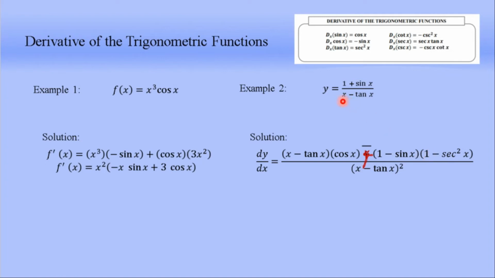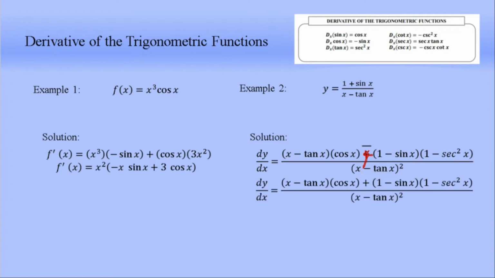So x, the derivative of x is 1, and the derivative of negative tan x. So tan x we have here is secant squared x. Since it's negative, it's going to be negative secant squared x. And then the denominator is x minus tan x squared. Just remain it as it is.